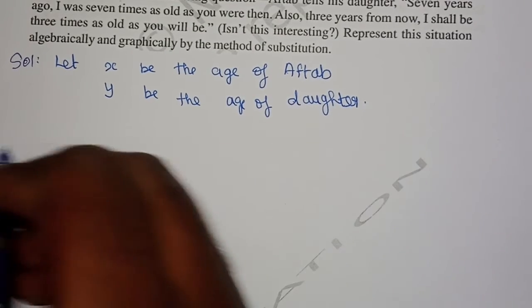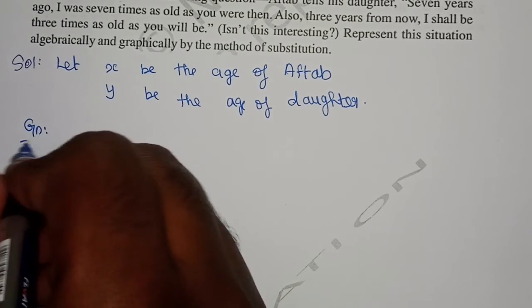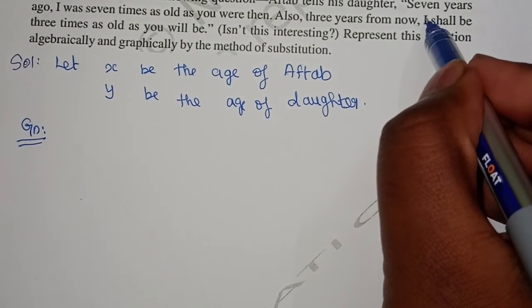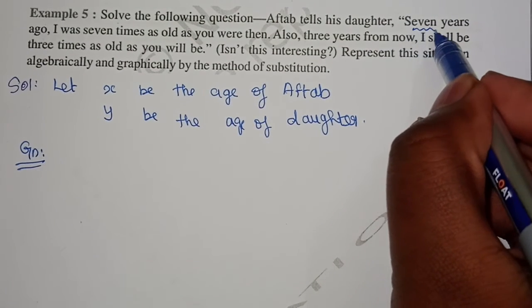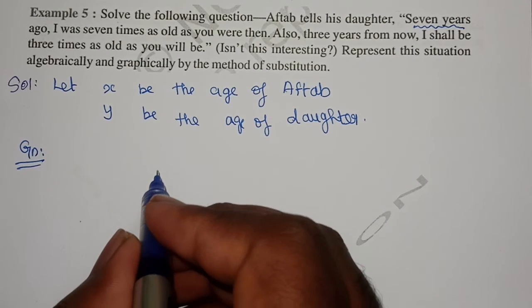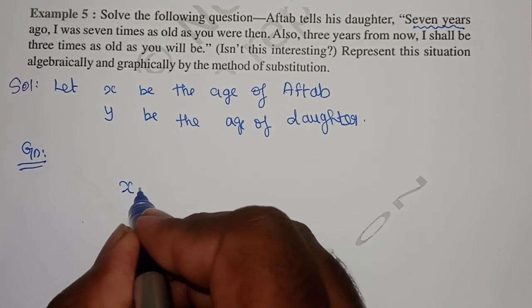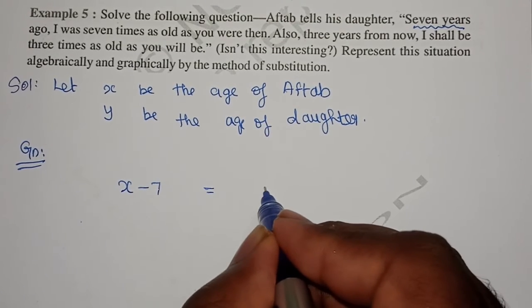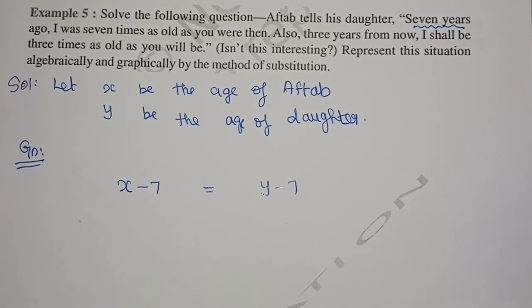Given the condition, note that 7 years ago, therefore x minus 7 is equal to 7 times y minus 7. If it is 7 years ago, it will be applied for both.